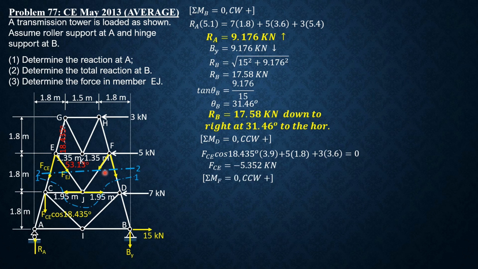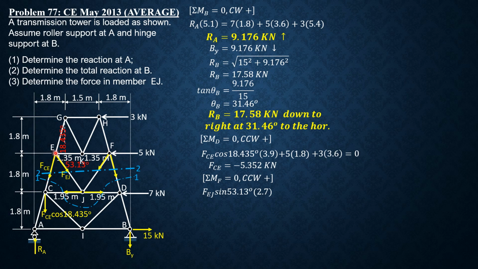So summation of moment about F equals 0, counterclockwise positive. I'll begin with FEJ. The vertical component of FEJ is EJ sine of 53.13 and moment arm is 2.7. Then plus the vertical component of FCE. Remember, the horizontal components pass through F, so they are not involved.